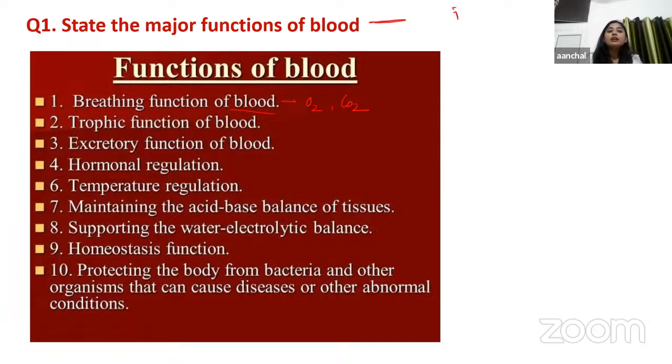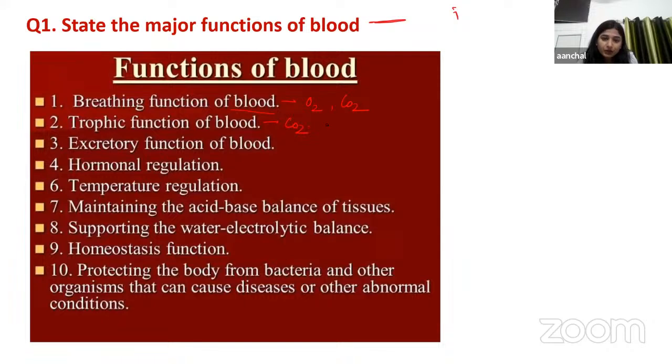As we know, blood removes CO2 from all the tissues. All the tissues perform various metabolic activities, and through those metabolic activities they produce this unwanted product, that is CO2. So hemoglobin picks up CO2 from the tissues and delivers it to the lungs, right?